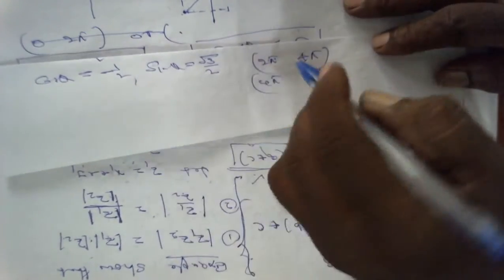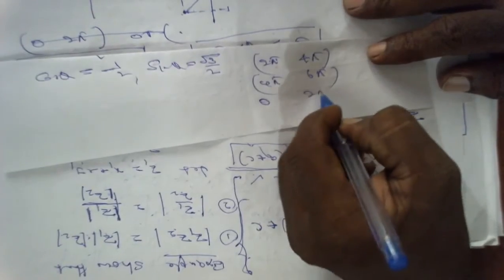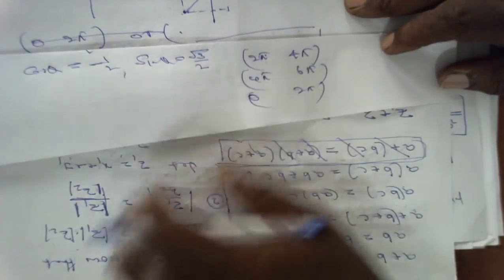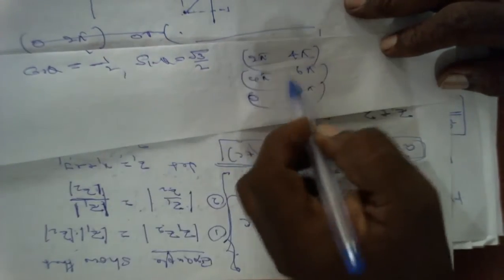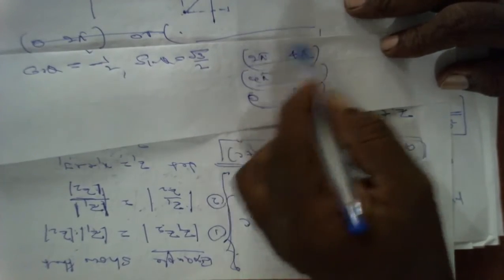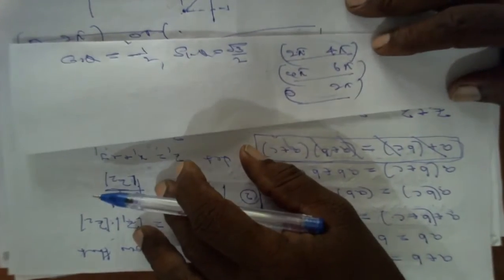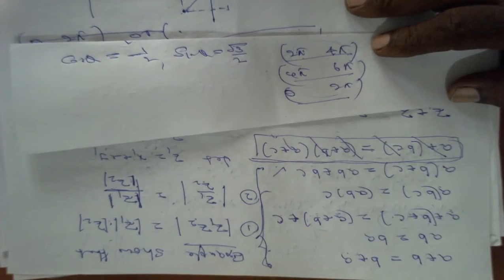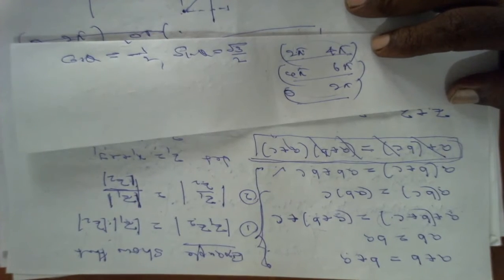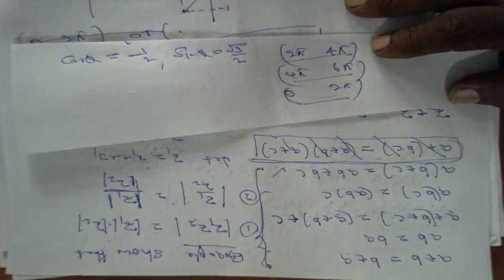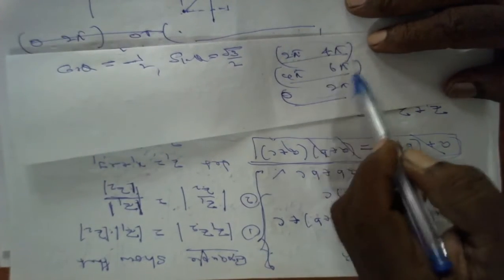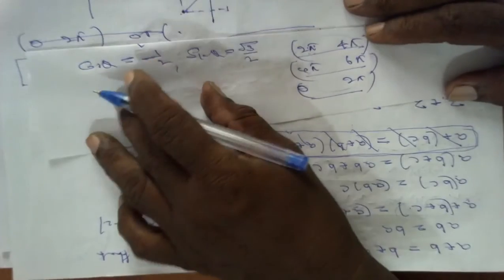Is it clear? 0 to 2 pi is also one period. This range covers 2 pi. Each of these completes one circle.